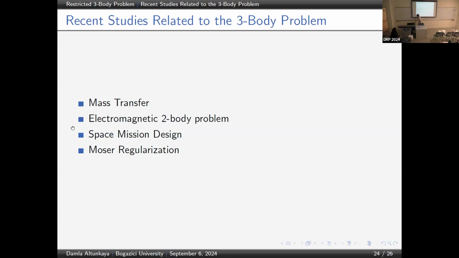Mass transfer is about having two suns, where one of the suns attracts the other sun's atmosphere so that it gains some mass and the other loses some mass. So the problem is how the spacecraft or satellite, or whatever you use, will move between them.